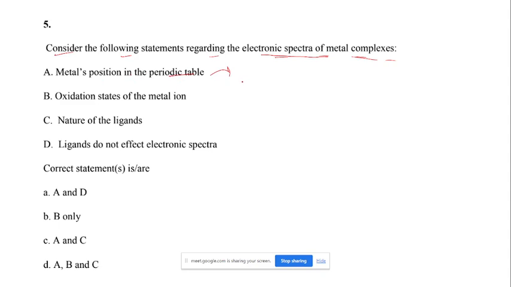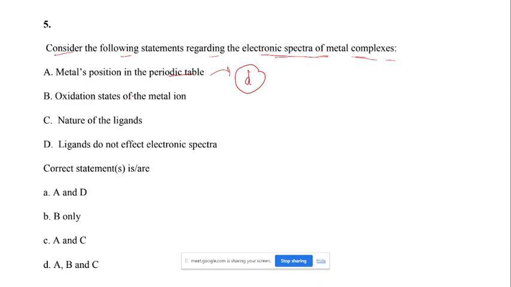Because as the position of the metal changes in the periodic table, the number of d electrons will also change, and it will create different types of transition and give different types of color. So this is correct.